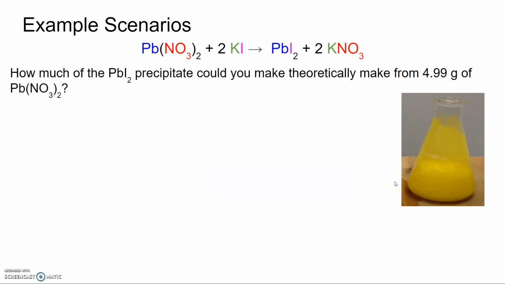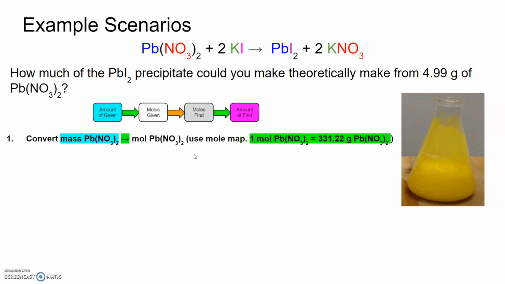So to answer that question, again, this is a mass-to-mass problem, so they're going to go from the mass of lead nitrate to the mass of lead iodide. Okay, so the process is the same as before. We're going to start by converting our lead nitrate to our moles of lead nitrate using the molar mass.